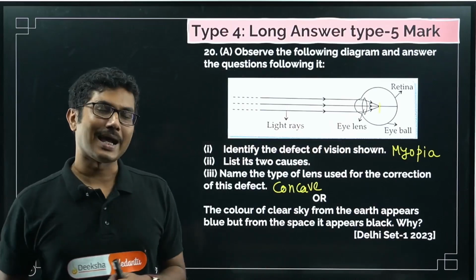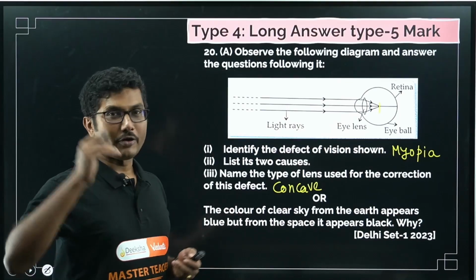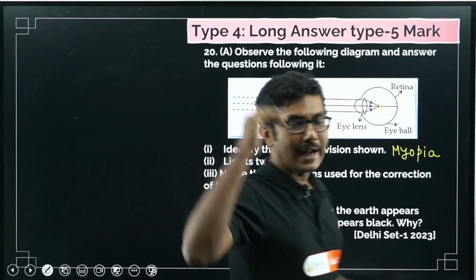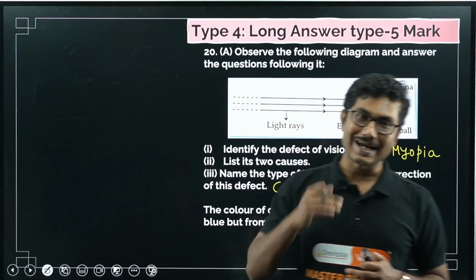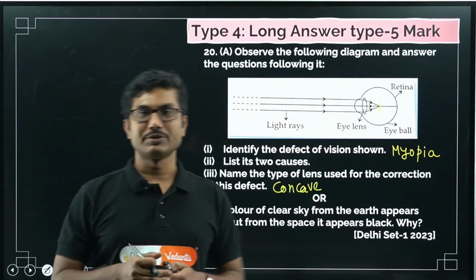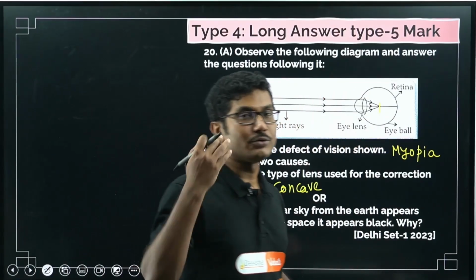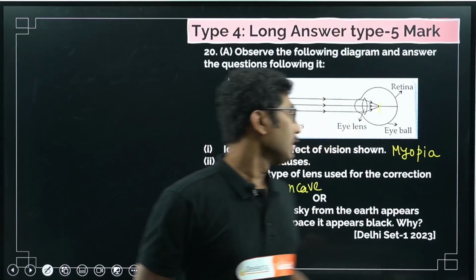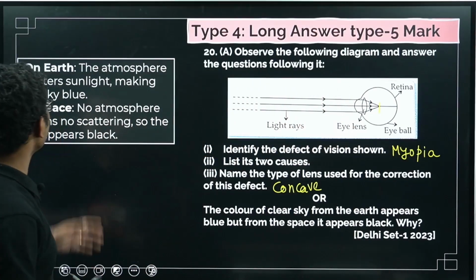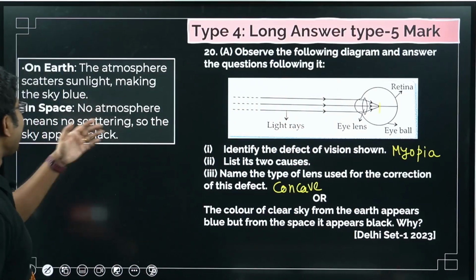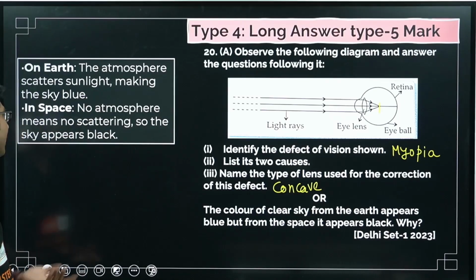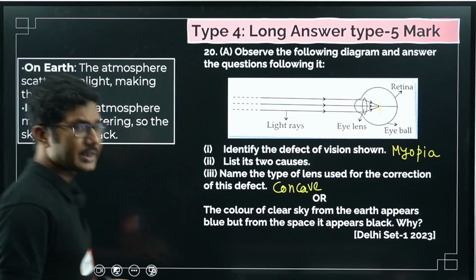You see black when you are in space. Only because the scattering is happening and the blue light is getting scattered and reaching our eyes, we see a blue sky. In outer space there is no scattering, so no blue sky. Clear? On earth the atmosphere scatters sunlight, making the sky blue. In space, no atmosphere means no scattering, so the sky appears black.